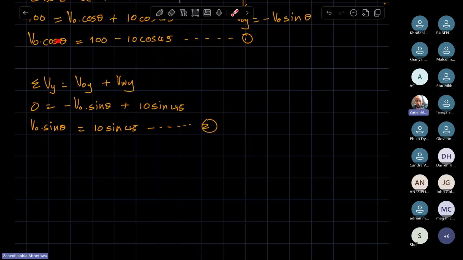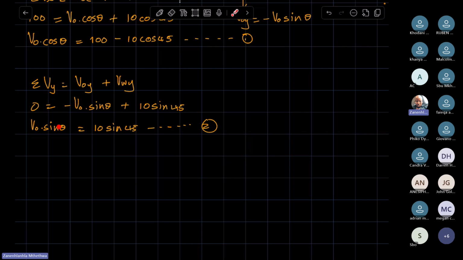This one is in terms of cos, this one is in terms of sine. Obviously, cos and sine do not cancel each other out, so we need to create a third equation such that when we substitute it into one of these equations, we are able to get tan. Are we clear?